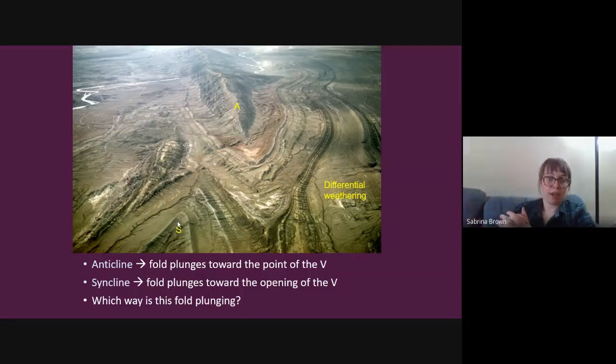What way are the axes plunging? And we can figure out that it's plunging towards us, towards the bottom of the screen.